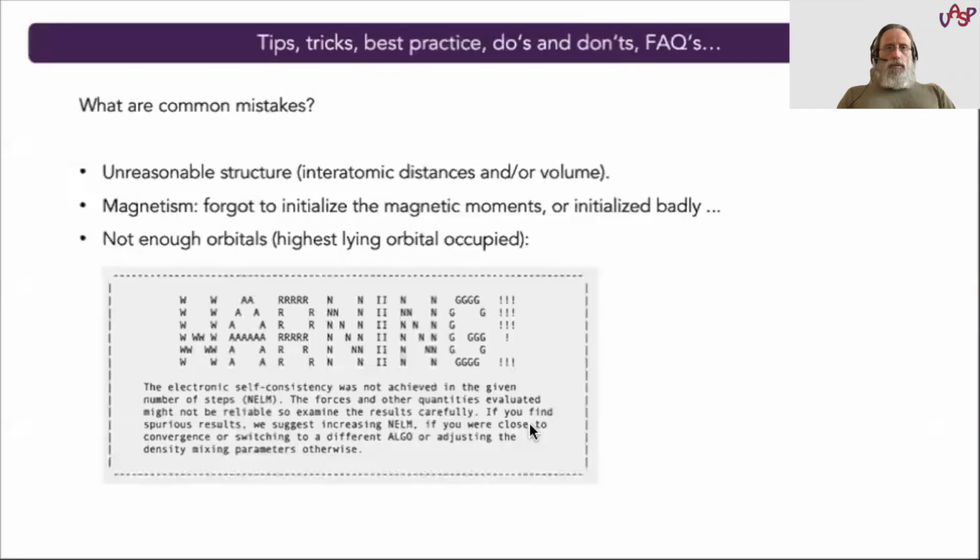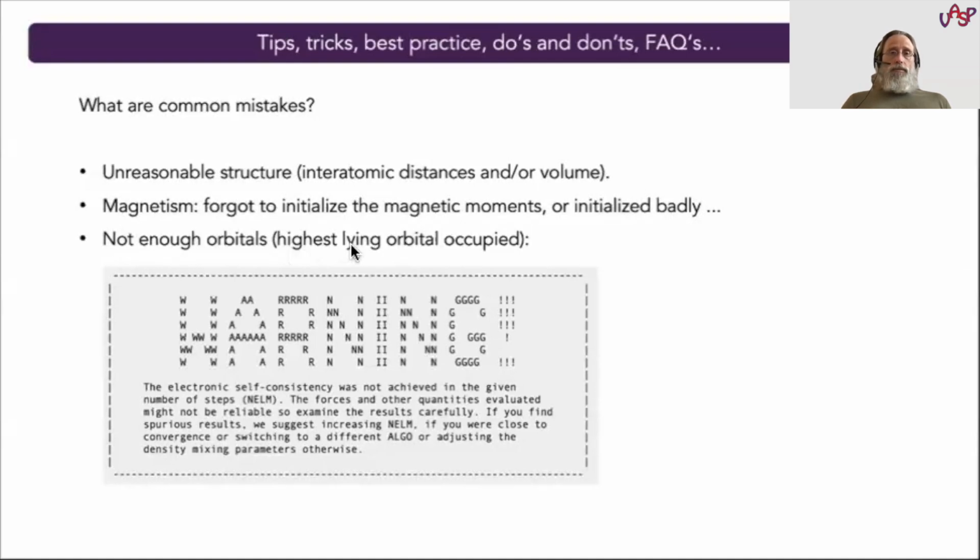Okay, so what are common mistakes? Well, like I said, an unreasonable structure is a common mistake, in the sense of a mistake that you as a user can make. Magnetism: maybe you forgot to initialize the magnetic moments or you have initialized them badly.